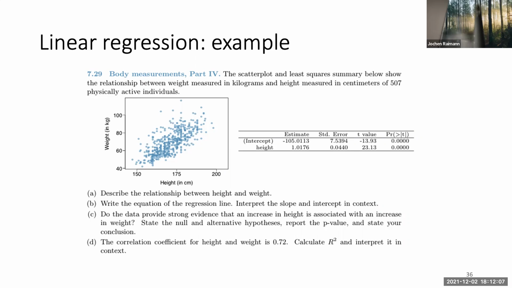So does the data provide strong evidence that an increase in height is associated with an increase in weight? State the null and alternative hypothesis, report the p-value, and state your conclusion. Well, it is significant because it's a large sample size. But as said, it's not homoscedastic. It likely will deviate in the greater magnitudes. It's going to get harder to explain.